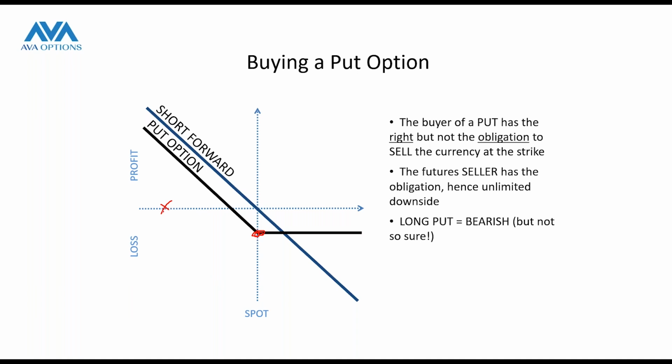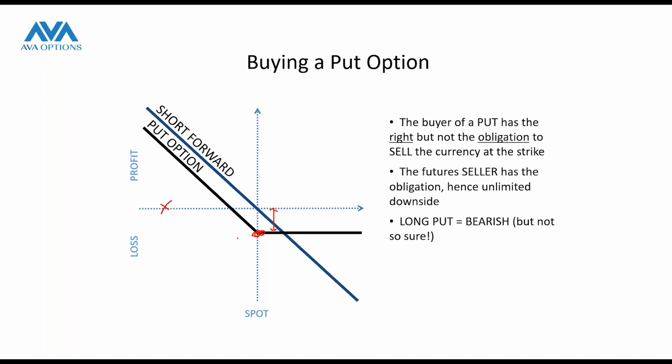I can buy it back in the market at 114, earning 100 pips or 1 point of profit. Against that profit, I have the cost of the option, which in the example of a call was 60 pips. So I would be left with my 40 pips net profit. And of course, as the market continues to go lower, I can have even more profits. So that's a put option.